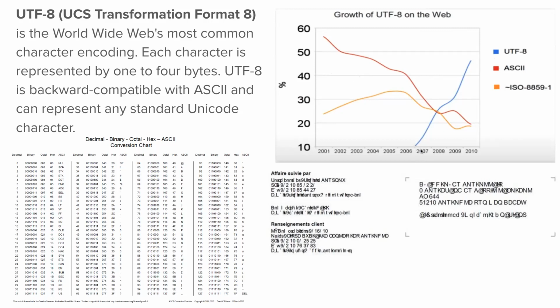In 2005, UTF-8 was designed so that ASCII codes, hex codes, octal codes, Latin script, Chinese script, Cyrillic alphabet, Farsi script, they all can be used interchangeably and in such a way that machines can understand it. It was invented very recently, and since then became the dominant encoding format on the web.